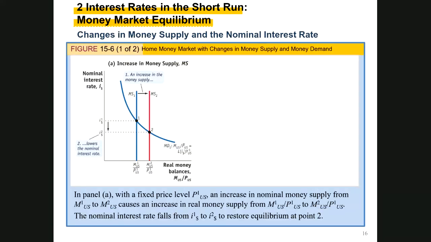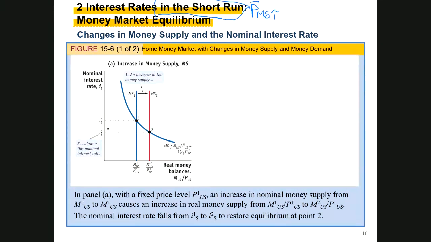Okay, so now in the short run, if the money supply increases in the domestic market, what happens? Given that the price does not change, this is important. In the short run, price is fixed.